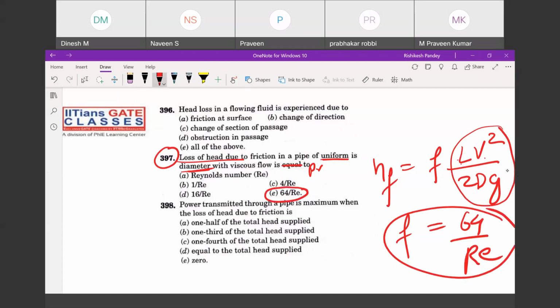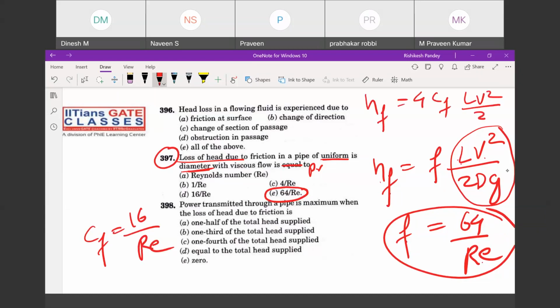Okay, 16 by Re was Cf, and f was 64 by Re. So for hf, even if you use the equation 4 Cf L V square by 2dg, and now use Cf as 16 by Re, 4 into 16 will become 64.